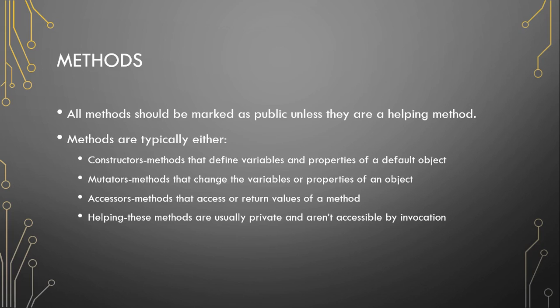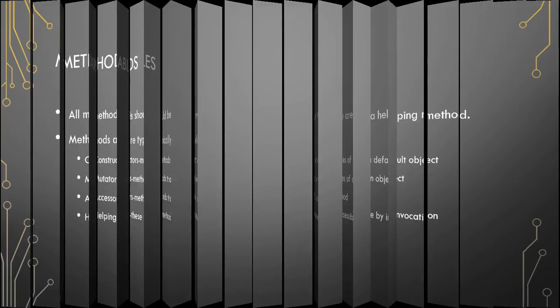You also have mutators, which are methods that change the values of the variables or properties of an object. You have accessors, which are methods that access or return values of an object. Helping methods are usually private and aren't accessible by invocation. You can't type the object, dot, and then the method, and have it come up, because it's private.